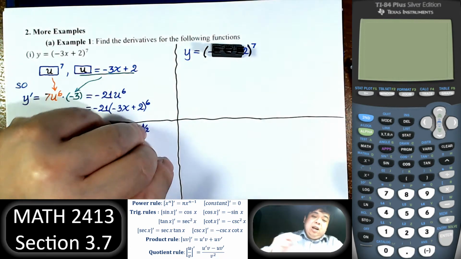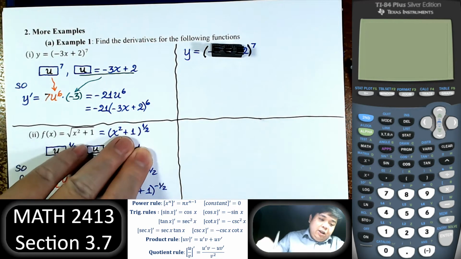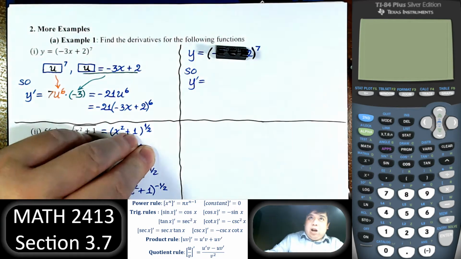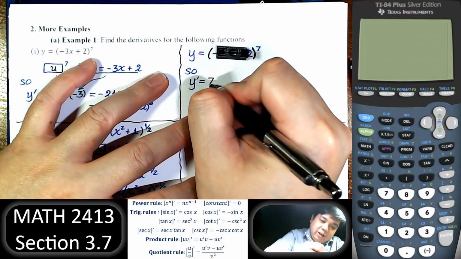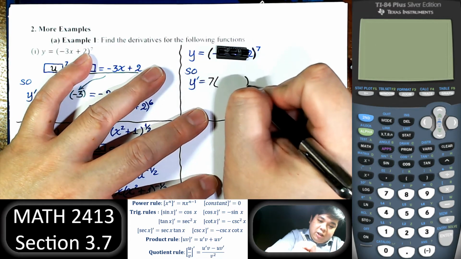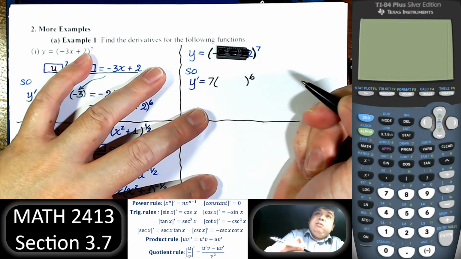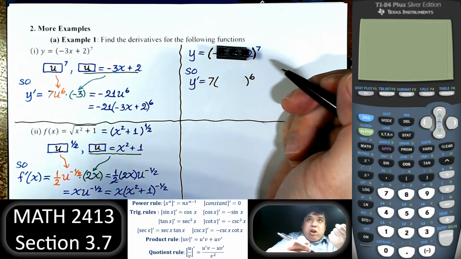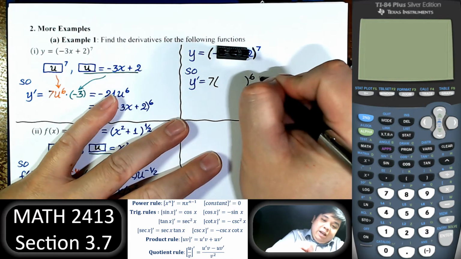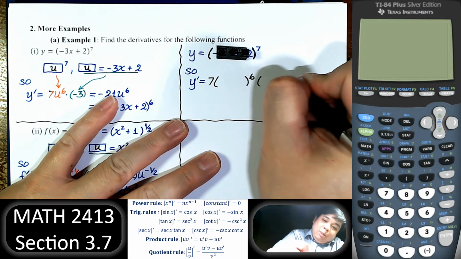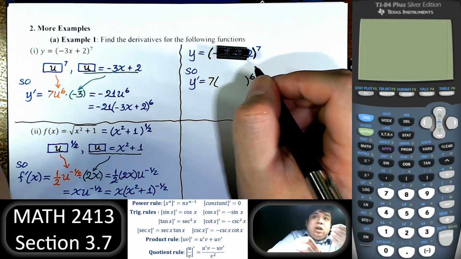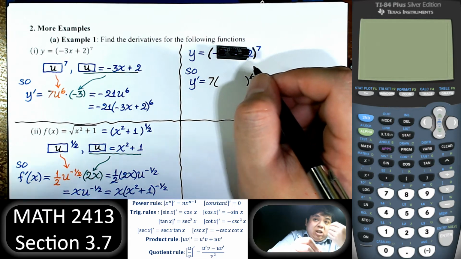So in this case, we will have 7 times the parentheses to the 6th power, if the parentheses is a variable. If we treat the parentheses as a variable, that's what we have. And then the chain rule says we have to take the derivative of the parentheses if inside the parentheses is something as a function of x.